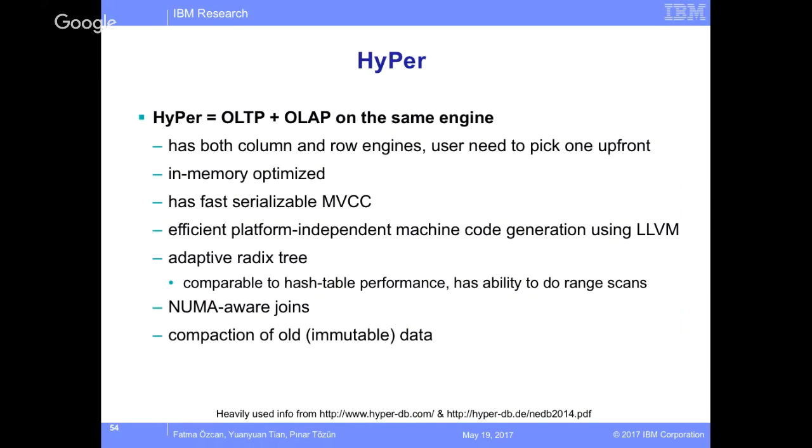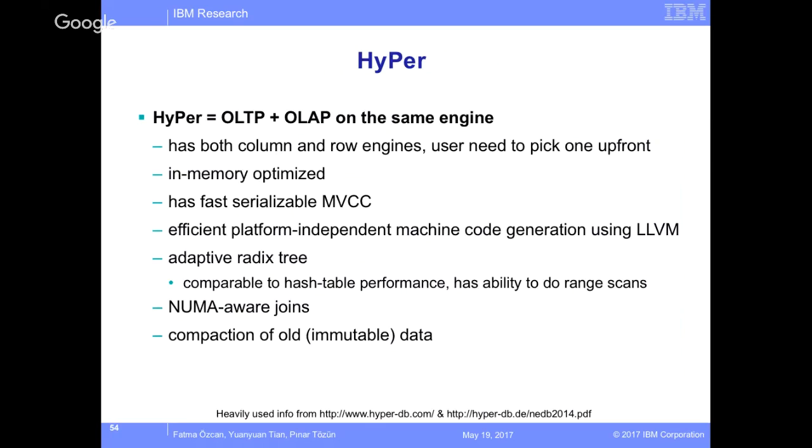The last system I will talk about is Hyper, which, unlike the other systems we talked about in this category, originally came from academia, from TU Munich. The goal was doing OLTP and OLAP requests in one engine.